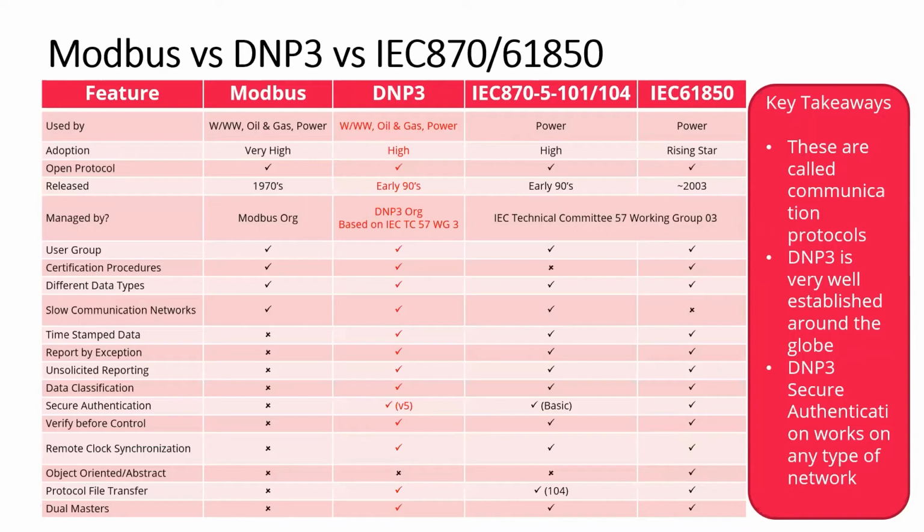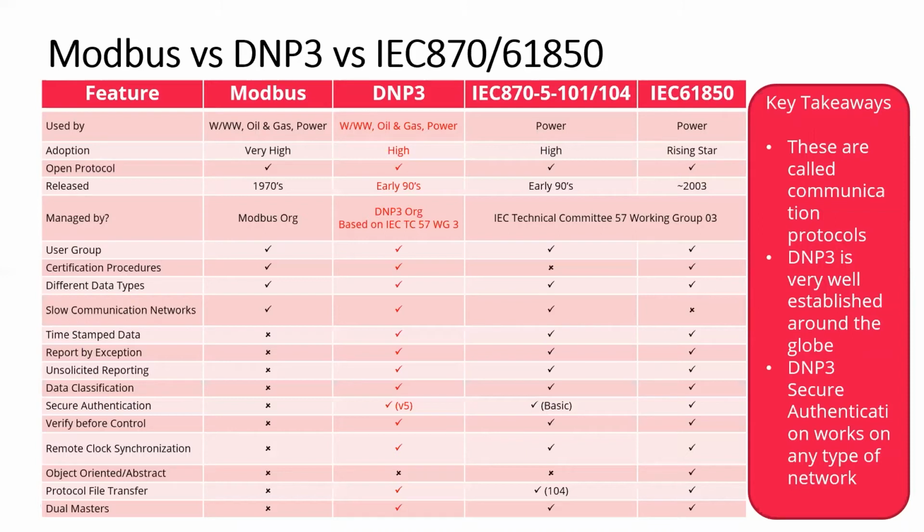And these are Modbus, DNP3, and then the IEC 870 and IEC 61850. Modbus has been around the longest. It is the most common even today, but it lacks a number of features that the critical infrastructure systems need.